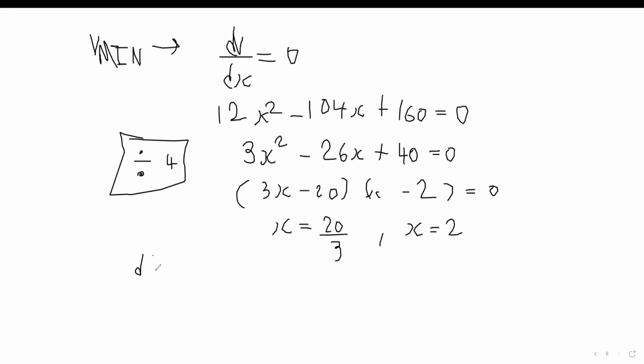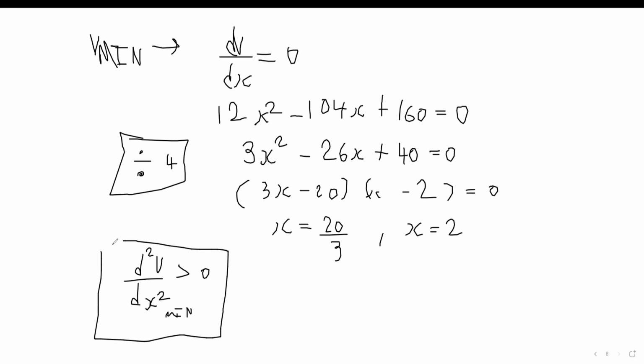We need d2y by dx squared. In this case, it's d2v by dx squared, because this is going to determine where is minimum. We know when d2v by dx squared is greater than 0, that's when it's going to be a min. So we need to find which one of them has d2v by dx squared greater than 0 for min, just to bear that in mind.